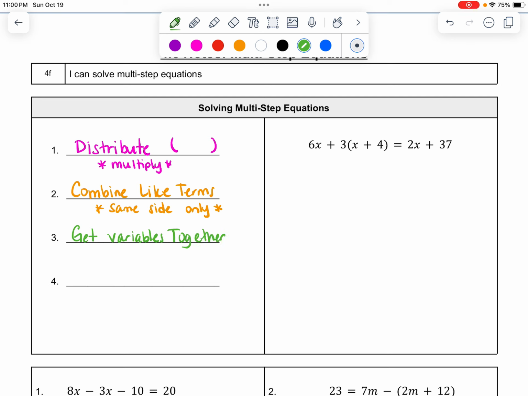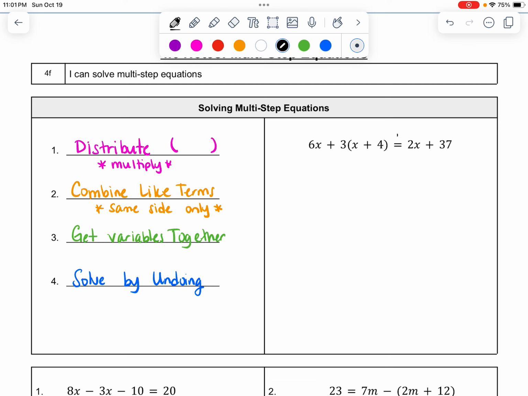We need to get all of the x's together and all of them on one side. And the last thing is we're going to solve by undoing. So we're going to try to get the variable by itself. This is the exact order we're going to go in every single time.